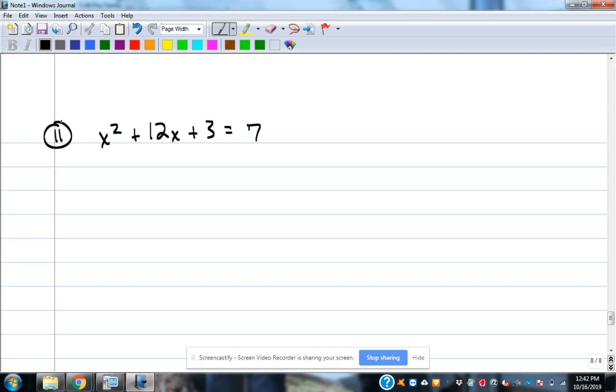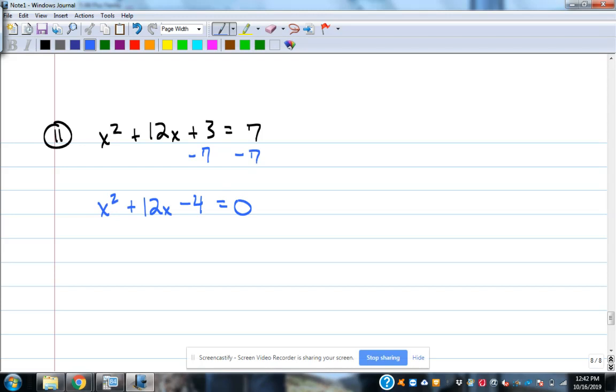I'm just going to look at 2 more. What do we see this one has? Plain X in it. So that means we need to get it equal to what first? 0. Before I can decide what method I'm using, I'm going to get it equal to 0. So x squared plus 12x minus 4 is equal to 0, right?